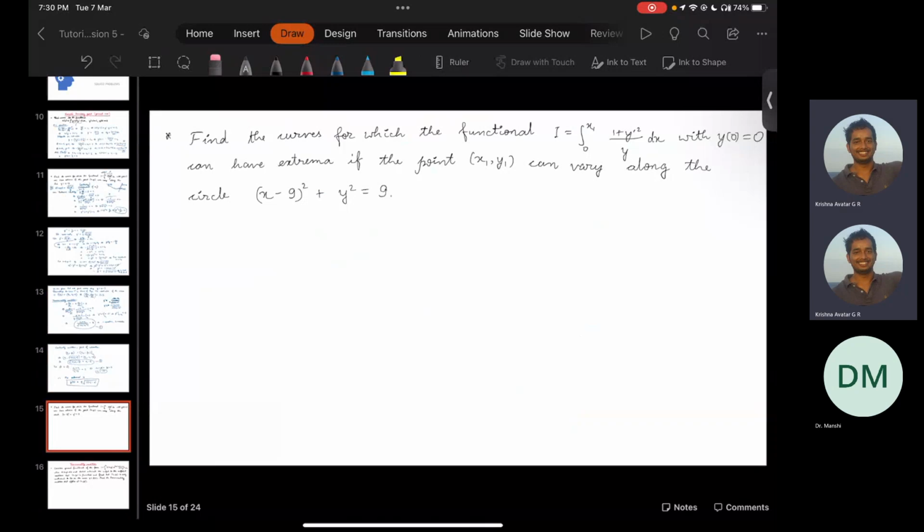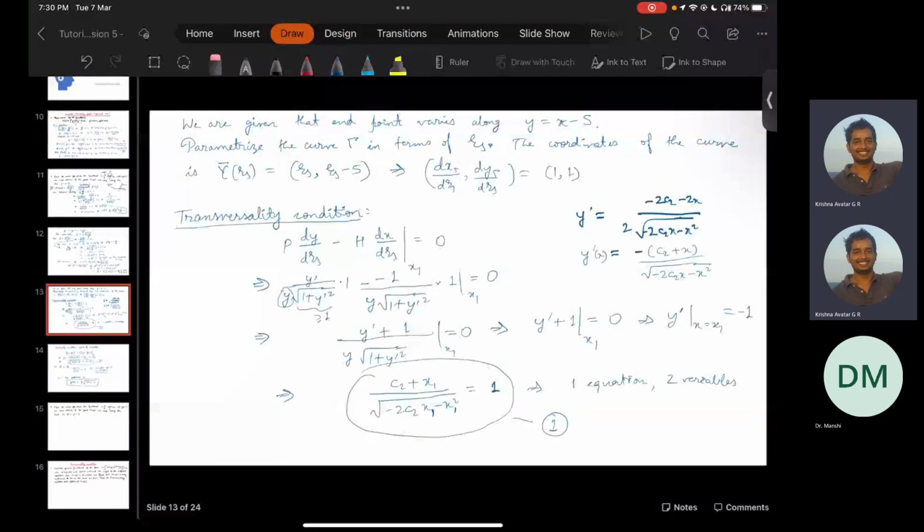So let's pick up everything till here. Till here would be the same, because we are essentially solving the same problem but with just a different constraint.